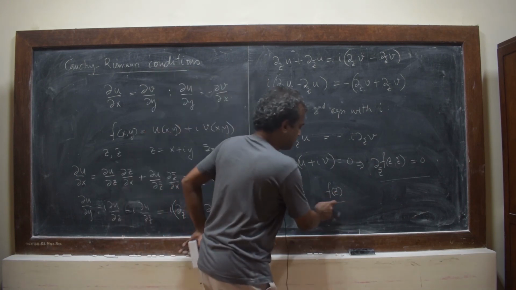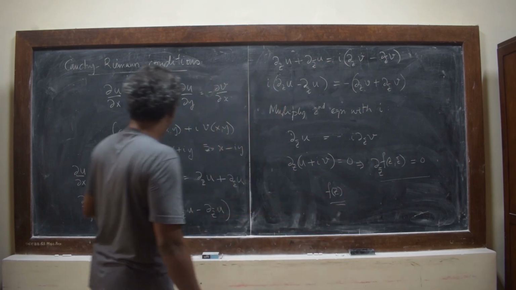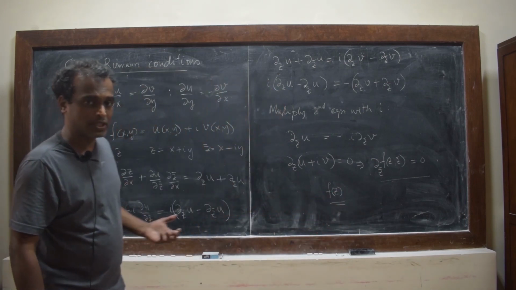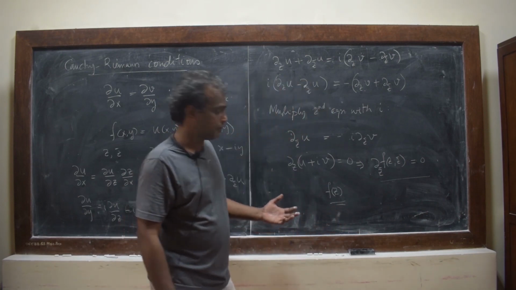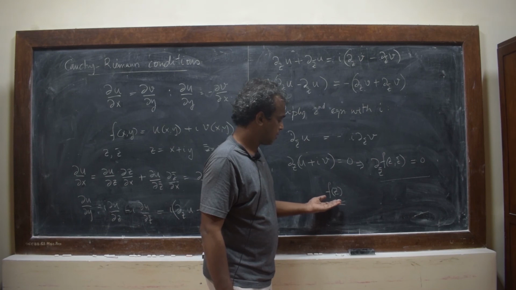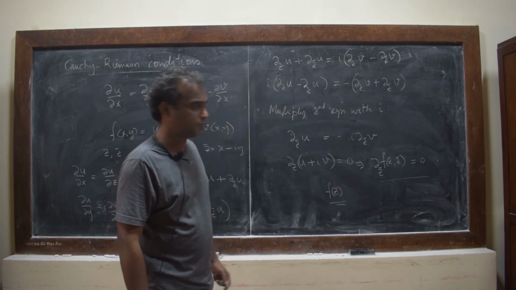Now, it might look as if this particular variable z, out of the two variables z and z bar, has got a special treatment in that the definition of analytic function involves only z here. There is nothing so special about it.